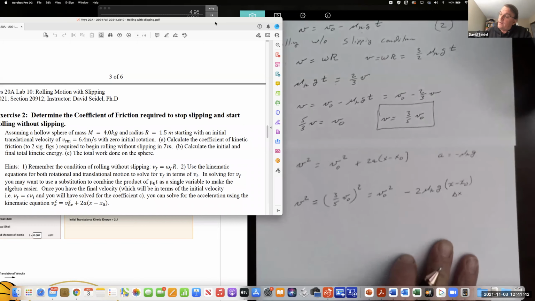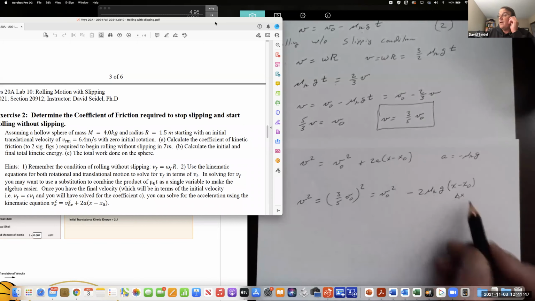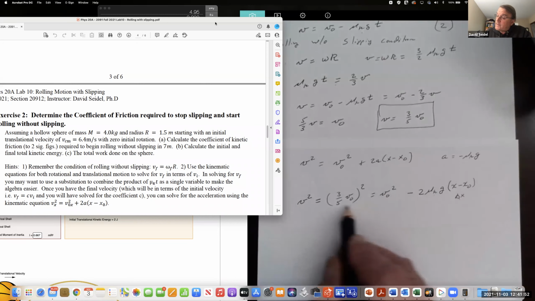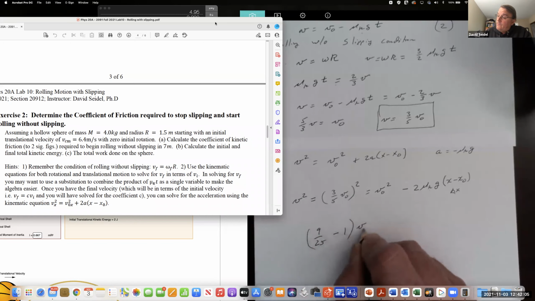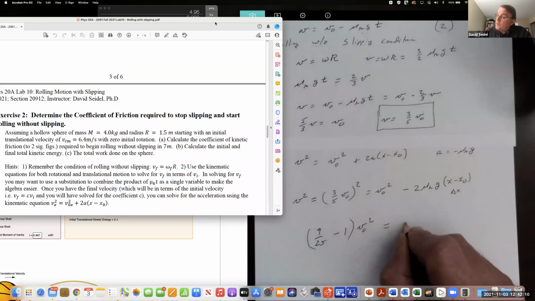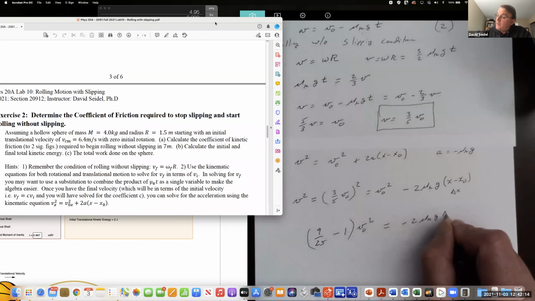And that's what we want to solve for: mu k for delta x to be 7 meters. So let's combine our V0 squared. I have 9/25 minus 1, times V0 squared, is equal to minus 2 mu K g delta x.